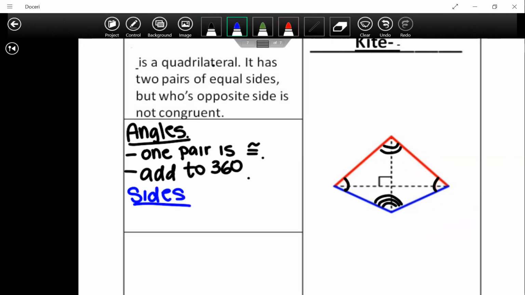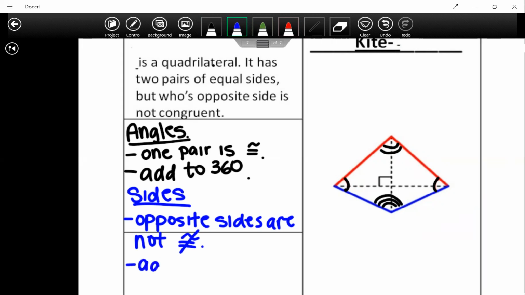To showing sides, we have opposite sides are not congruent. Are not congruent. But adjacent sides are congruent.